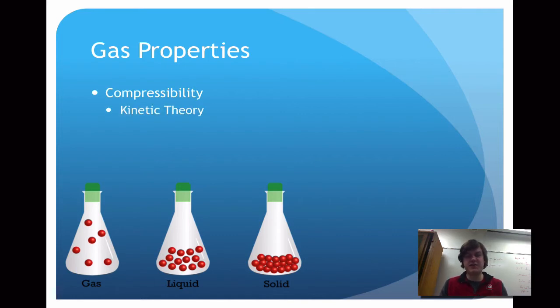its compressibility. In kinetic theory, we have talked about the idea that there's space between gas molecules. So they can kind of move away from each other to fill up a larger space, or they can be compressed to take up a smaller area, but it's really the space between the particles that is changing, not the size of the particles.